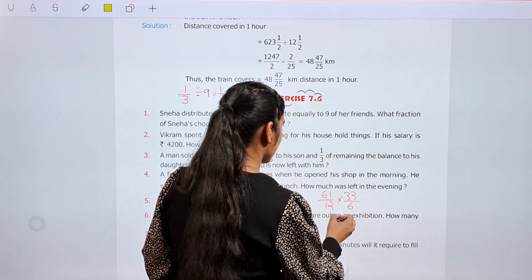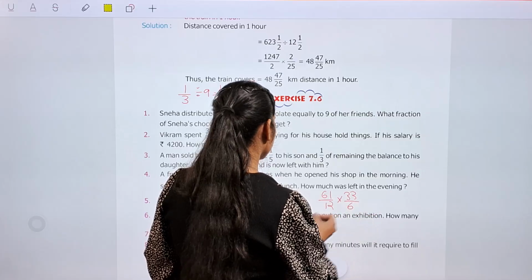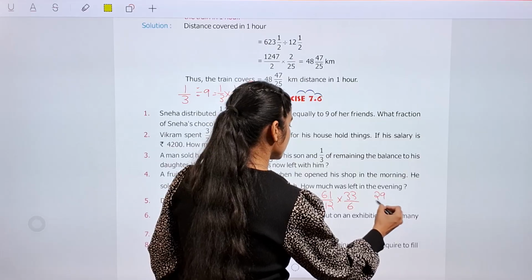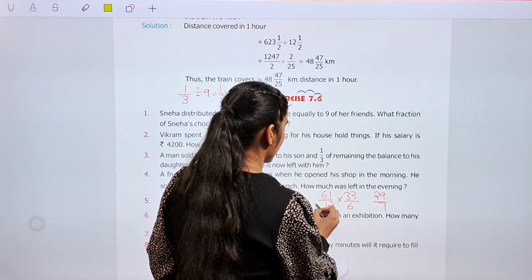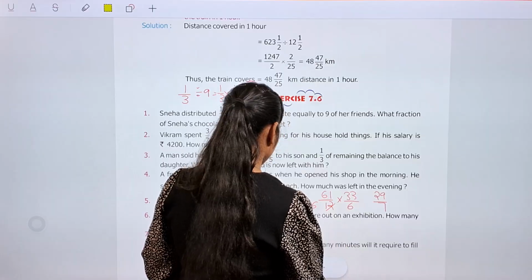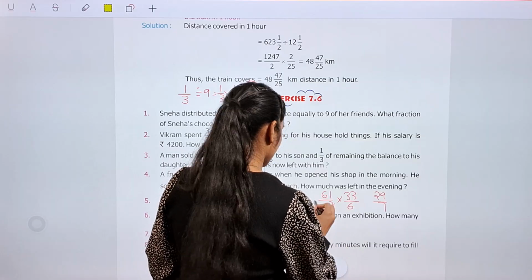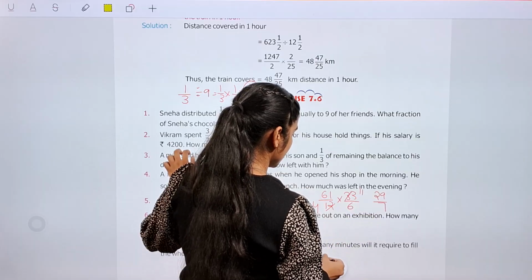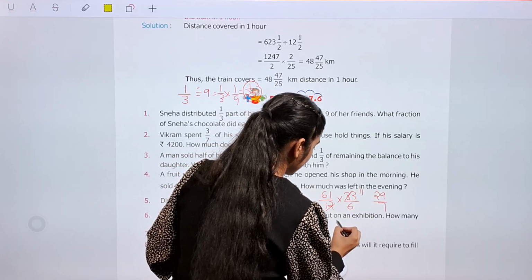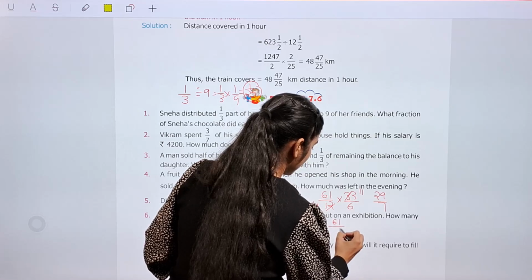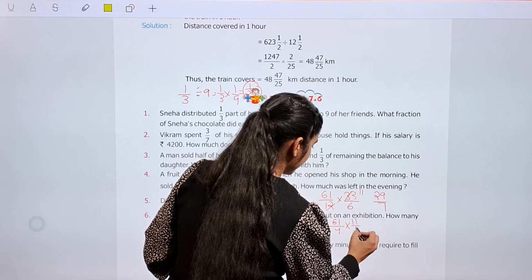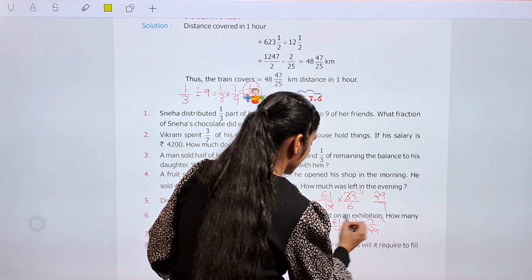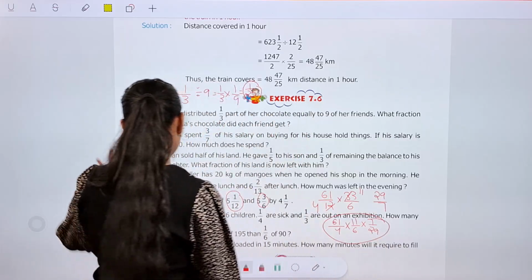Now you have to solve it and then you have to divide it with the 4 by 7. 7 4s are 28, 29 upon 7. तो यहाँ पर 61 upon 4 multiply by 11 upon 6 multiply by 7 upon 29. You have to solve these three and you will get your answer.